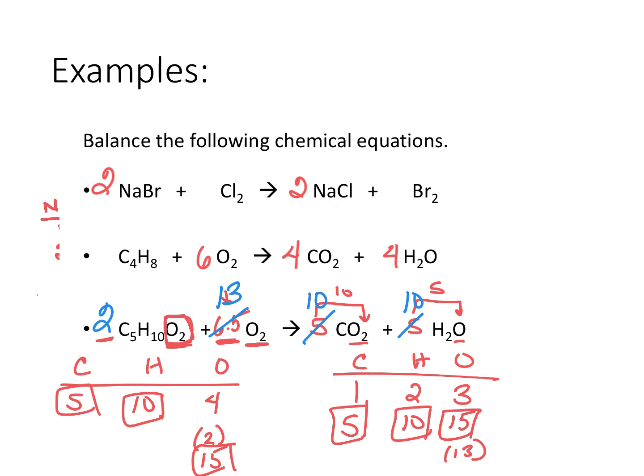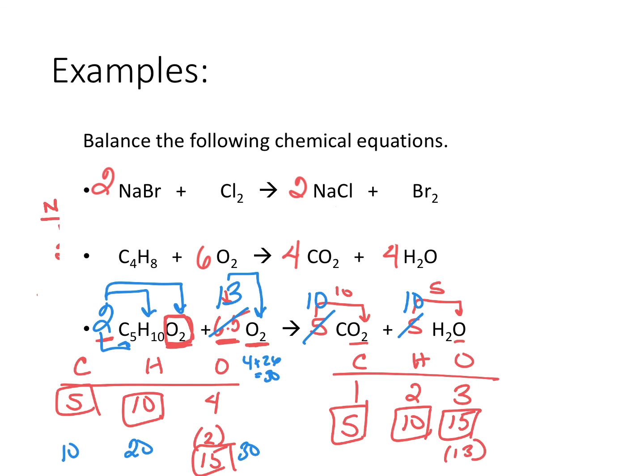So let's recheck our numbers. I've got 2 times 5 carbons, which is 10. 2 times 10 hydrogens, which is 20. 2 times 2 oxygens, which is 4, plus 13 times 2. So 4 plus 26 is 30. So I have 30 oxygens on the left.